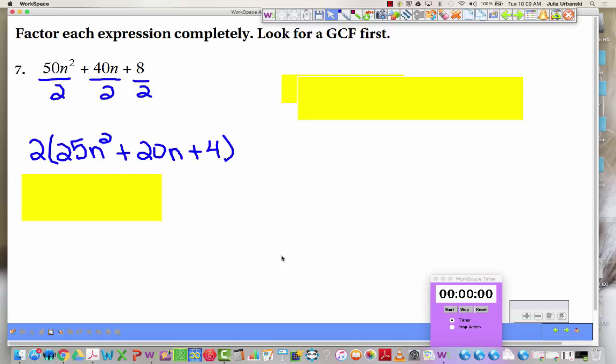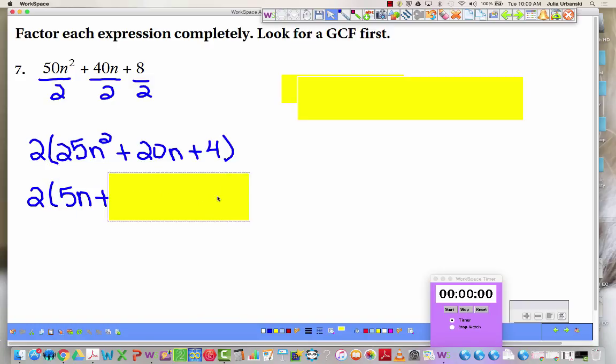Can you just take the square roots here, with the 25 and with the 4? You can take the square root of 25. Can you take the square root of 4? Yeah. Okay. Will this be a plus and minus problem or will this be a squared problem? Squared. Good. 2 times 5n plus 2 and then squared.